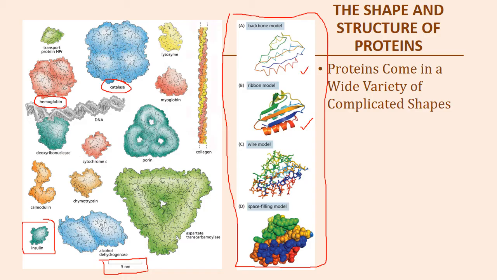You can have a wire model, which will have a heavier emphasis on the non-covalent bonding and the extensions of the side chain. And then you can have a space filling model. The space filling model will often highlight if there are different subunits of the protein that have to combine together or correspond together to go to your overall shape.